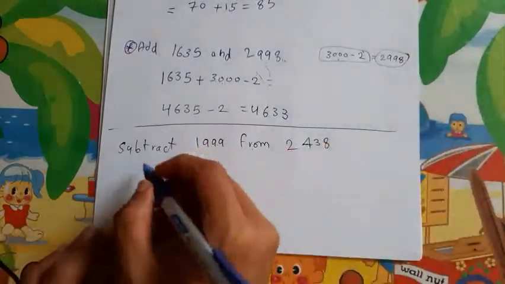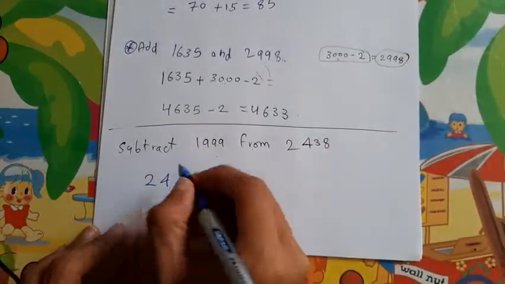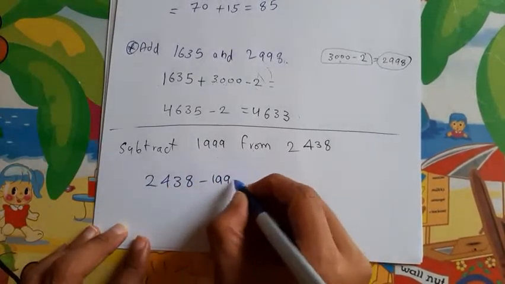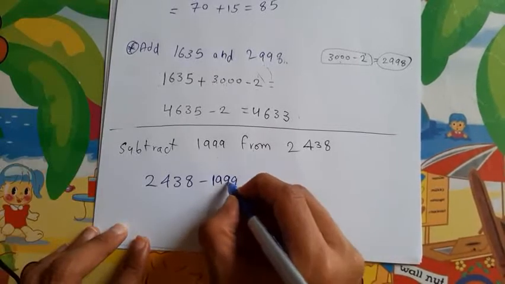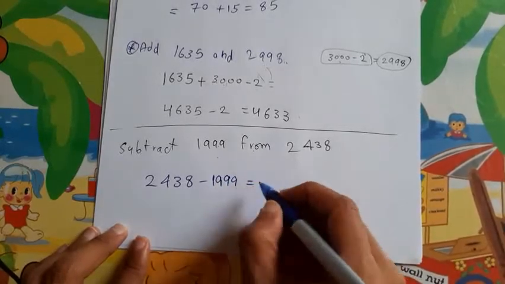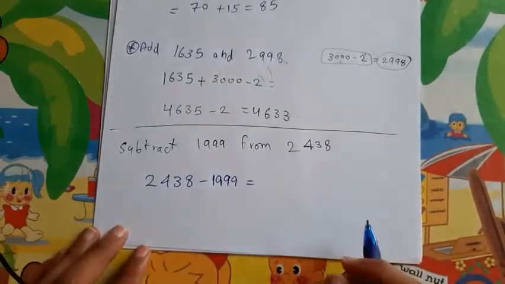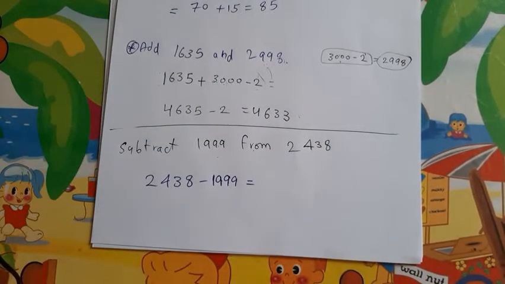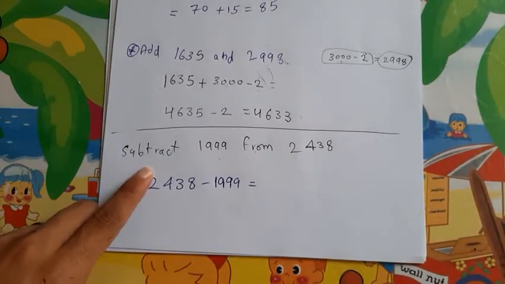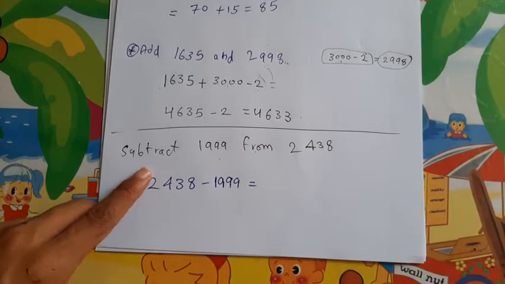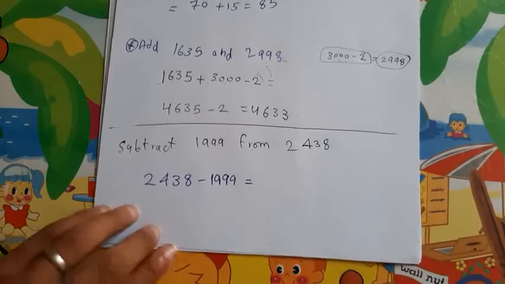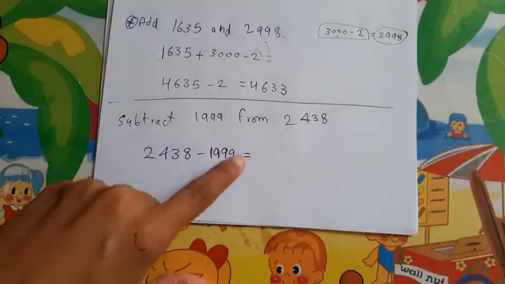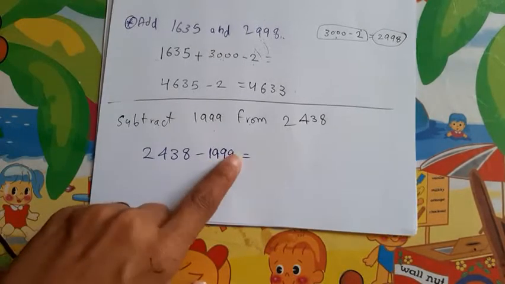So this becomes like this: 2438 minus 1999. Now I'm going to use mental calculations to work out the subtraction. Okay, now can you think about something here? What can we do? Can we represent this number by 2000 plus something?